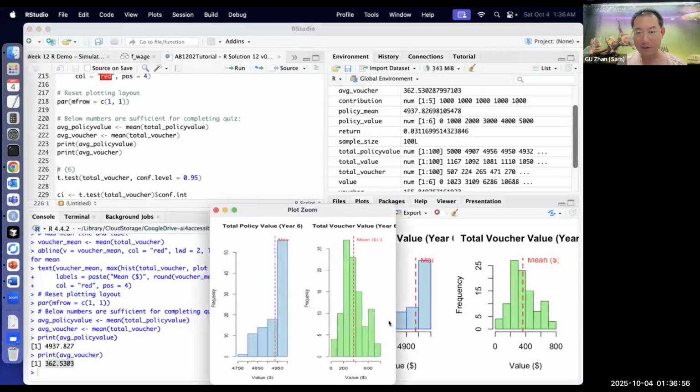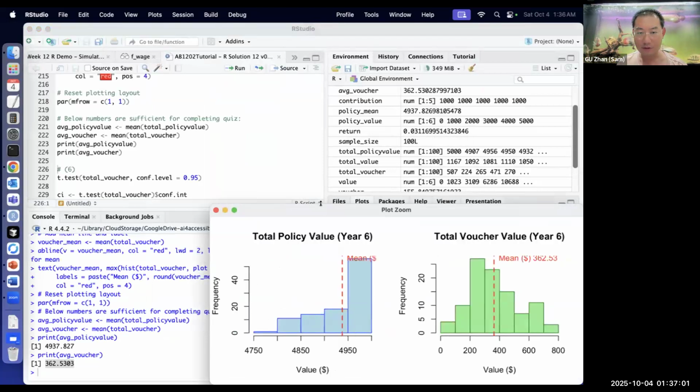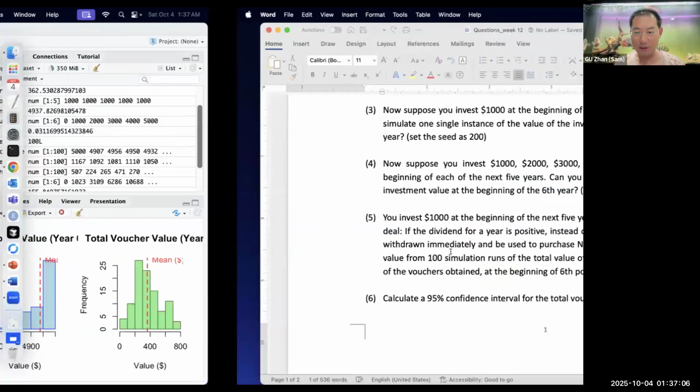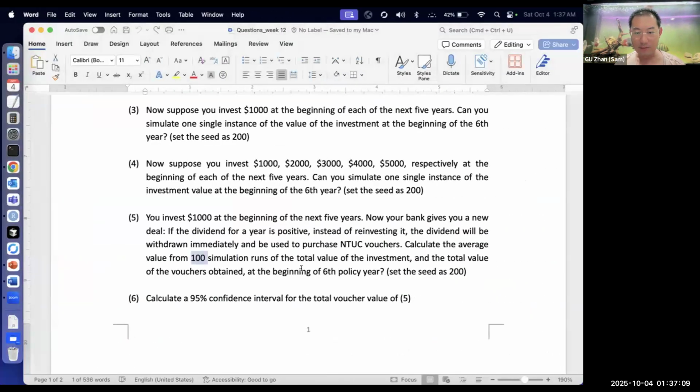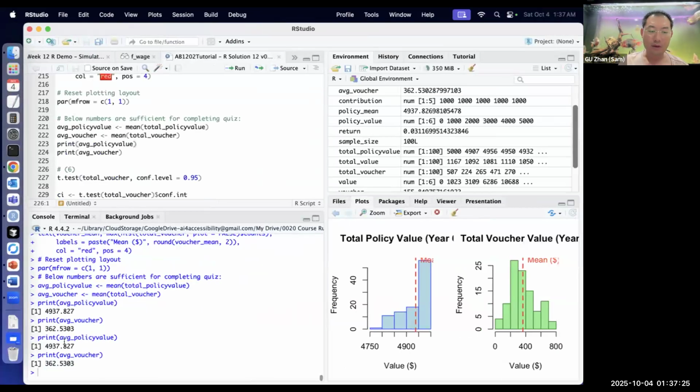So we say, what is the total value of the voucher obtained at the beginning? Calculate the average from this 1,000 run of the total value of the investment and the total value of vouchers obtained. So these 2 are the averages: average policy value and average vouchers that you have earned, which is the average of 100 data points.